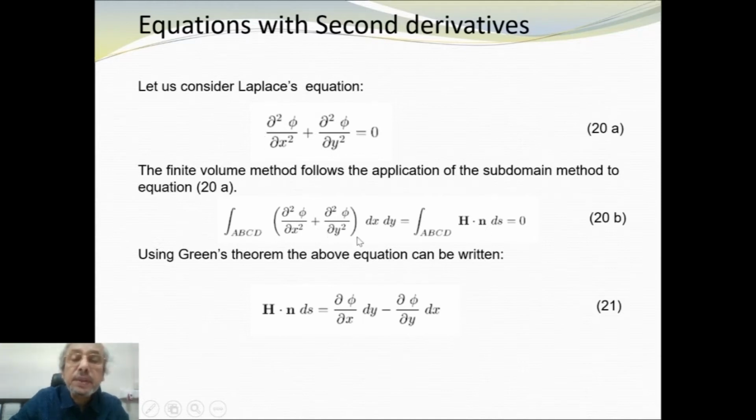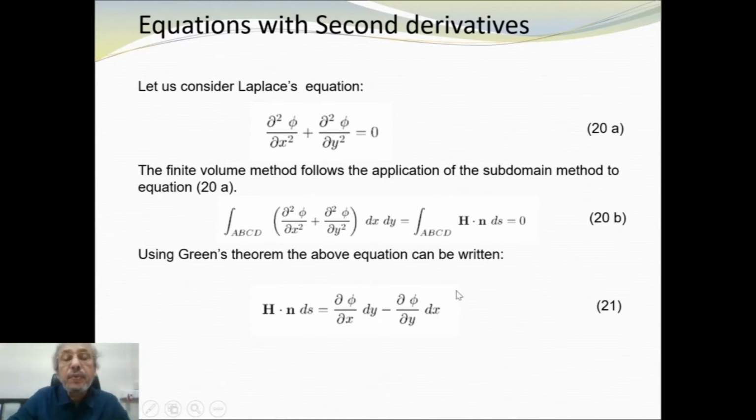if this equation is integrated over ABCD, then applying Green's theorem we can write the integral over ABCD of h dot n ds equal to 0, where h dot n ds is del phi del x dy minus del phi del y dx.